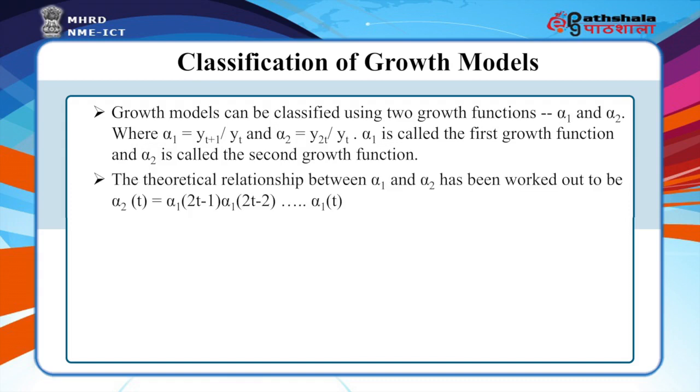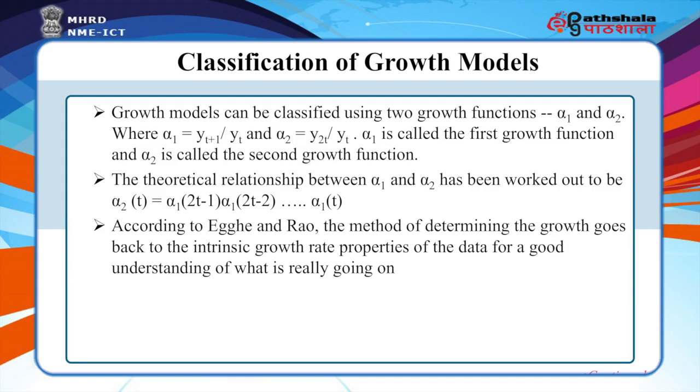The theoretical relationship between alpha 1 and alpha 2 has been worked out to be alpha 2(t) = alpha 1(2t-1) × alpha 1(2t-2), and so on up to alpha 1(t).